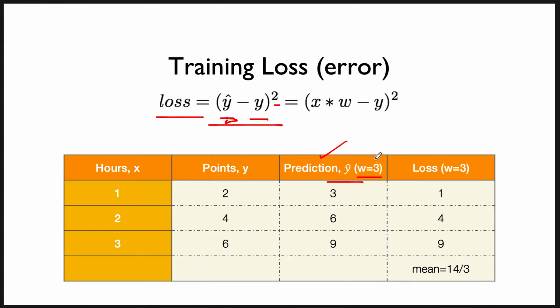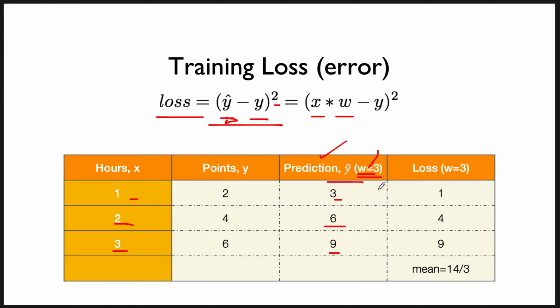We can start with W equal to 3. Then the y hat can be computed as x times W. So 1 times 3 is 3. When x is 2, it's going to be 6. When x is 3, it's going to be 9.